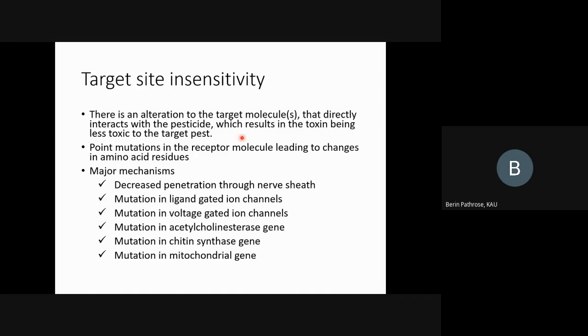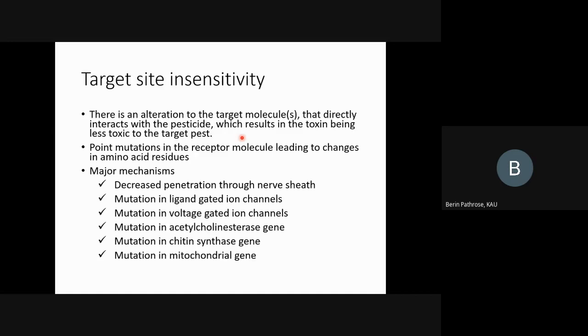Here it is acetylcholine. I will repeat. There is a target protein or receptor protein. Here we are discussing neonicotinoid, so the receptor protein is the nicotinic acetylcholine receptor. A mutation occurs in that receptor, so there will be a replacement of one amino acid with another amino acid. Once the amino acid changes, the structure of the receptor changes. If it changes drastically, it won't be able to bind to both the insecticide and its neurotransmitter, or ligand, here acetylcholine.